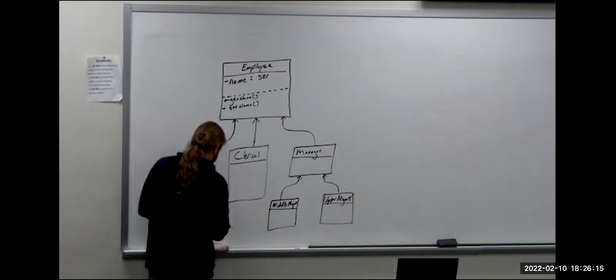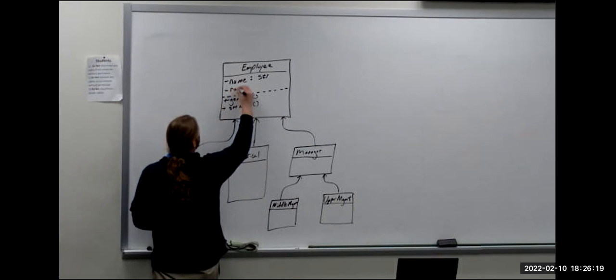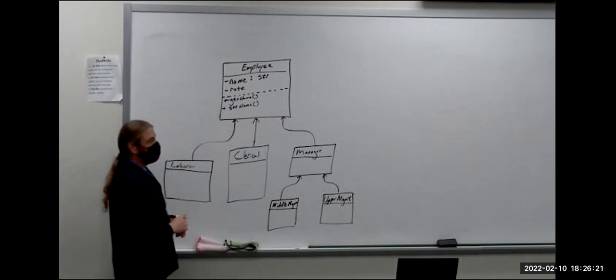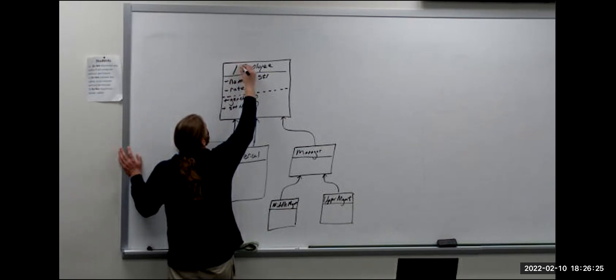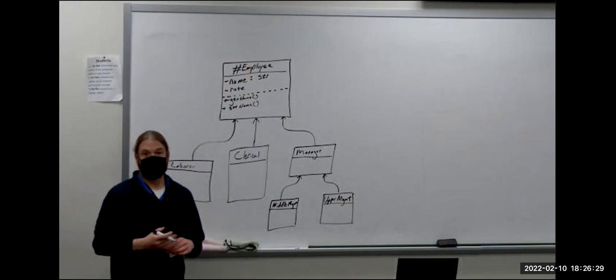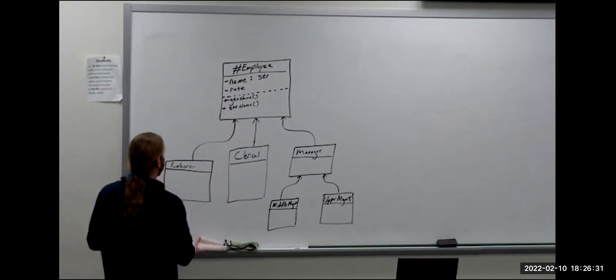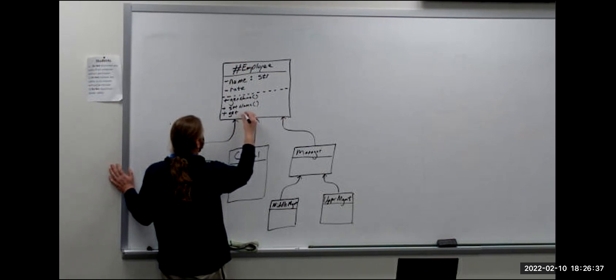So instead of writing the word rate everywhere, I'll go ahead and give everything a rate field, but I want to handle it differently. So I'll put a hashtag up here to indicate that employee is abstract. Employee will have a public get rate method.